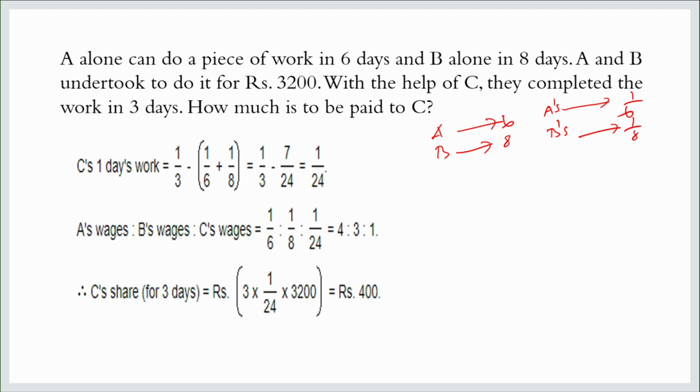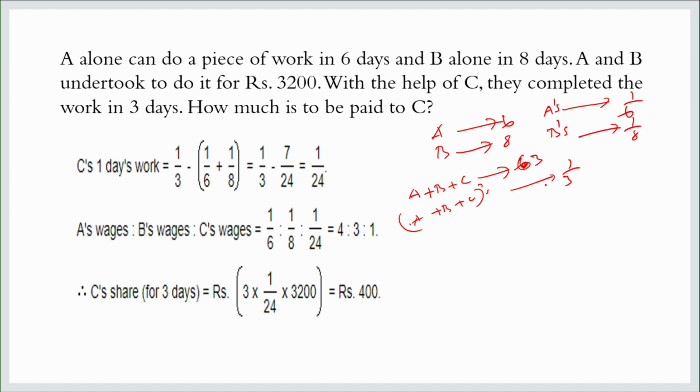So, with the help of C they complete the work, which means A plus B plus C complete the work in, sorry, 3 days. It is given as 3 days. So, A plus B plus C's 1 day work is how much? It is 1 by 3.